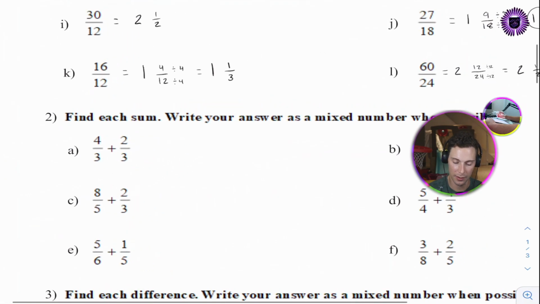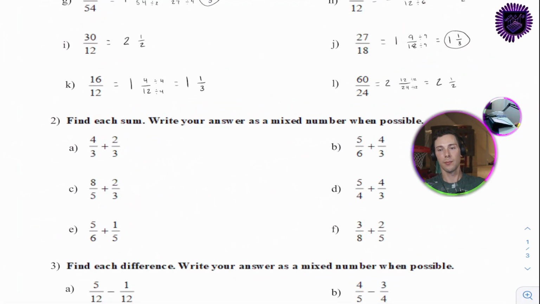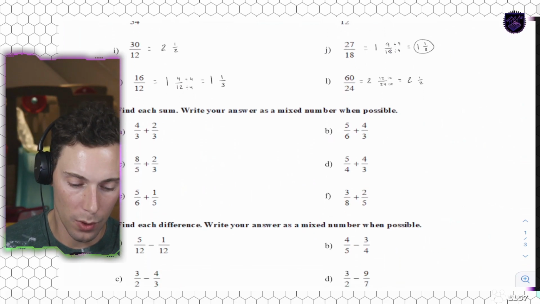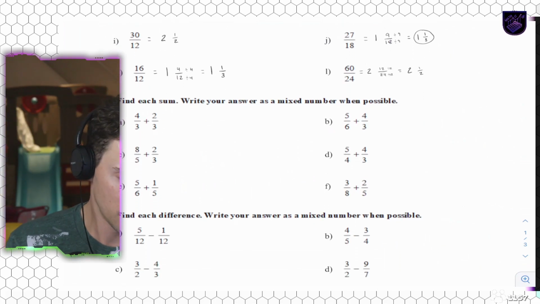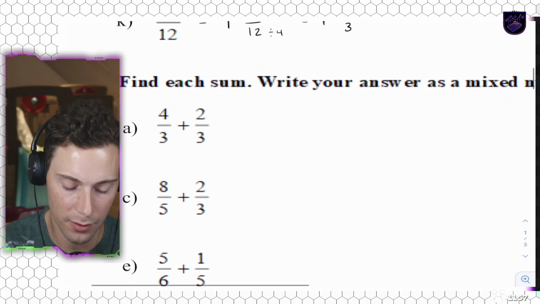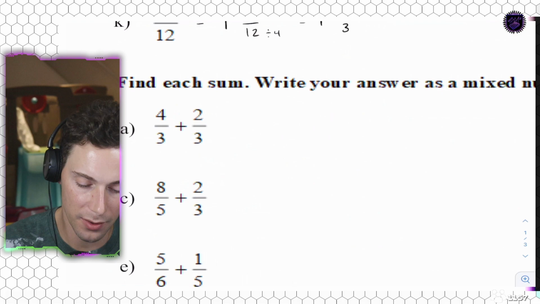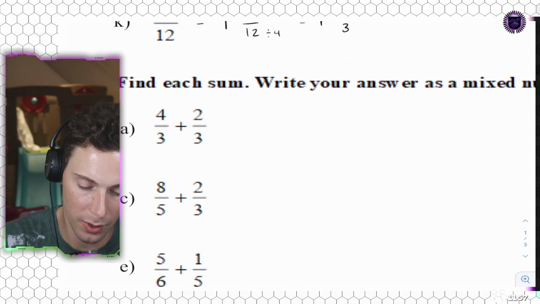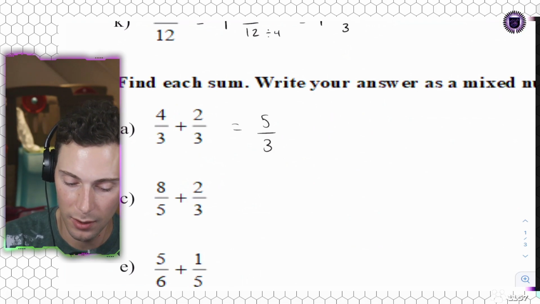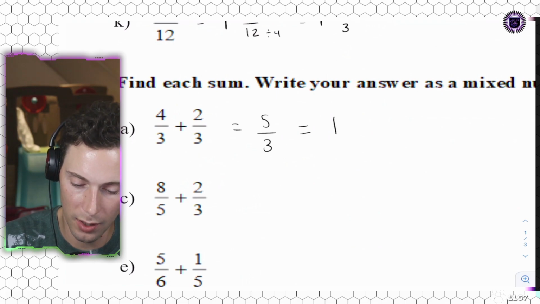All right, so we're going to add these up and then write the answer as a mixed number if it has one. So let's go. All right, so we're going to start with 2A. 4/3 plus 2/3 is going to equal 5/3, and 5/3 must be simplified because that's equal to 1 and 2/3.